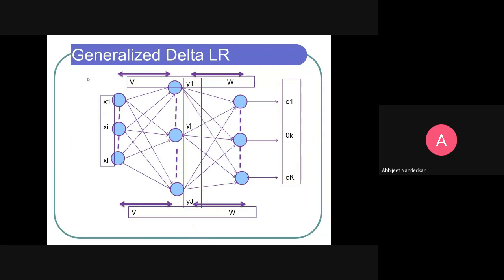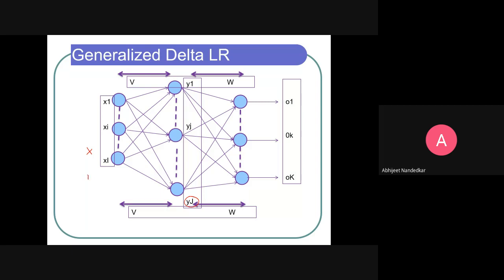Now suppose I take a very simple structure to understand things, and let us say this is my input X, this is some output Y1 to Yj for the hidden layer.